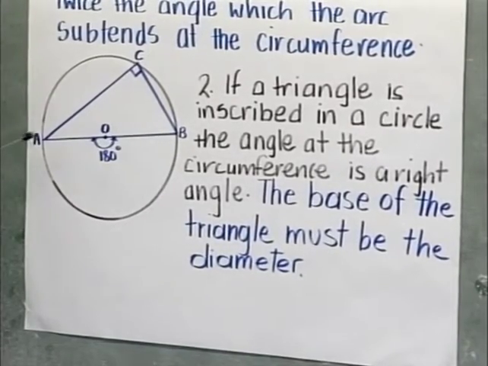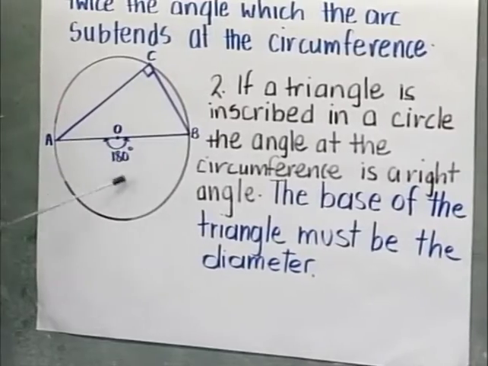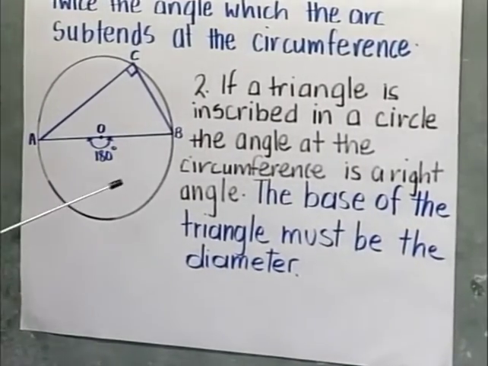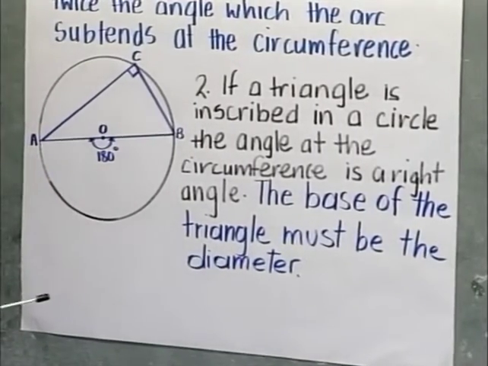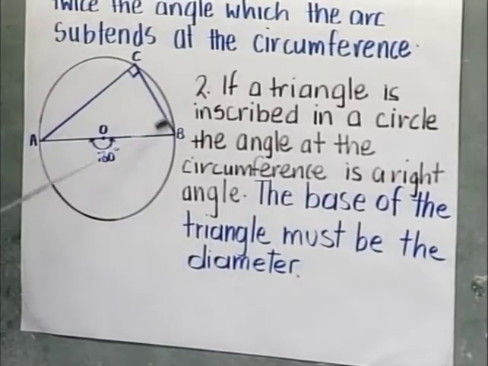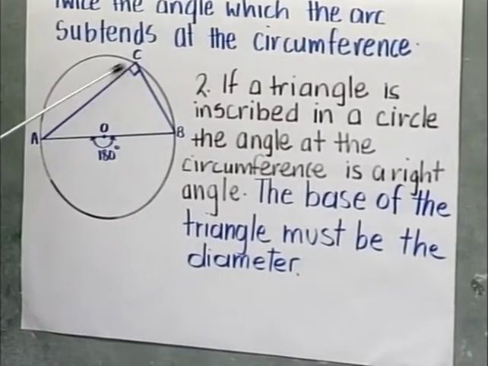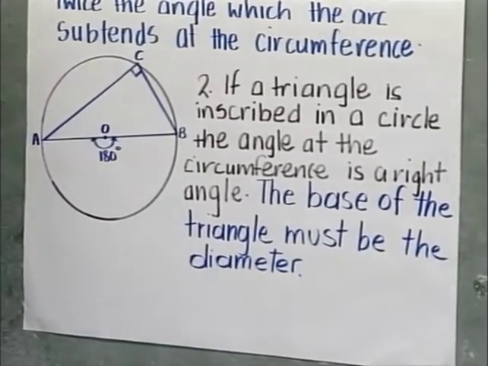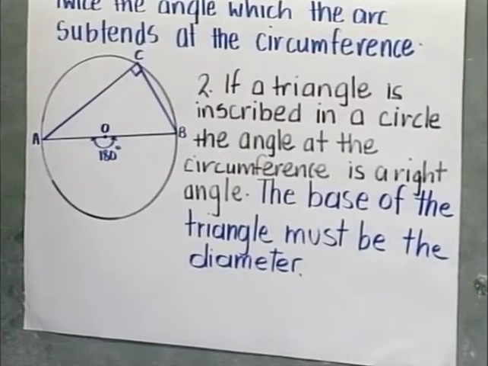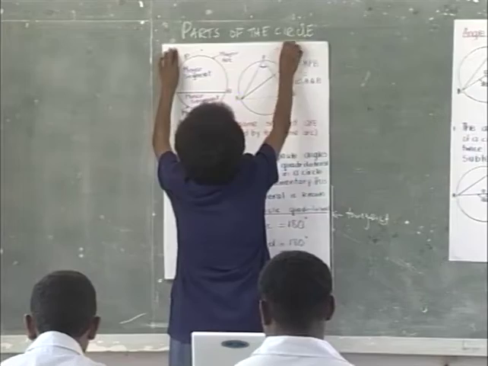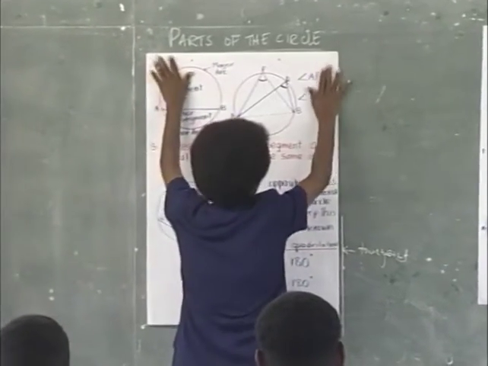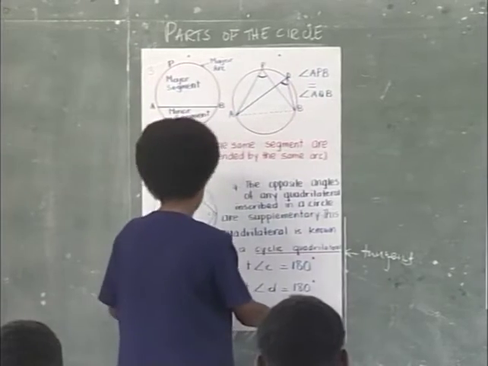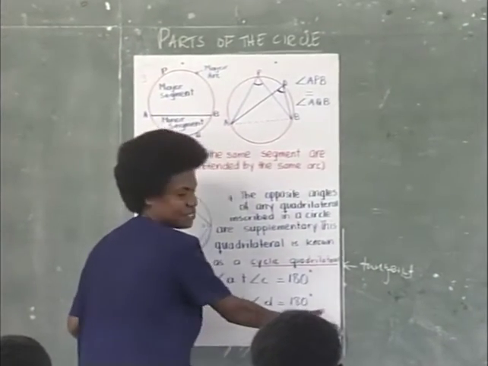I remember that is being taught in grade 10, so you should remember that also. Right? If this is the diameter, you join these 2 points at the circumference, this angle is a right angle, measuring 90 degrees. See that now? Okay.